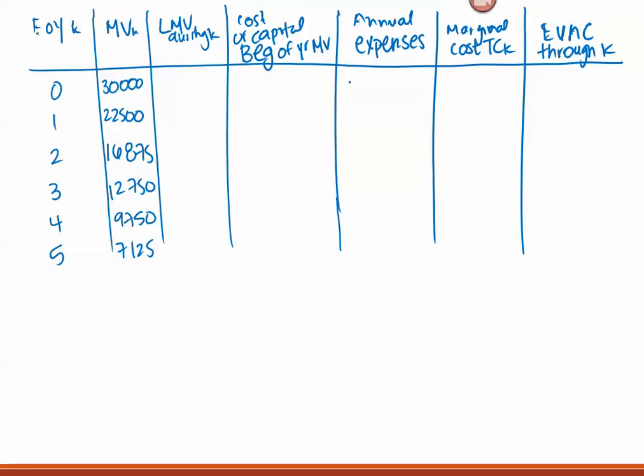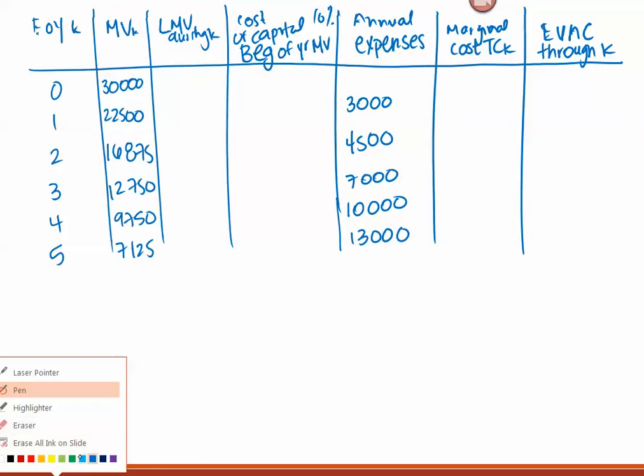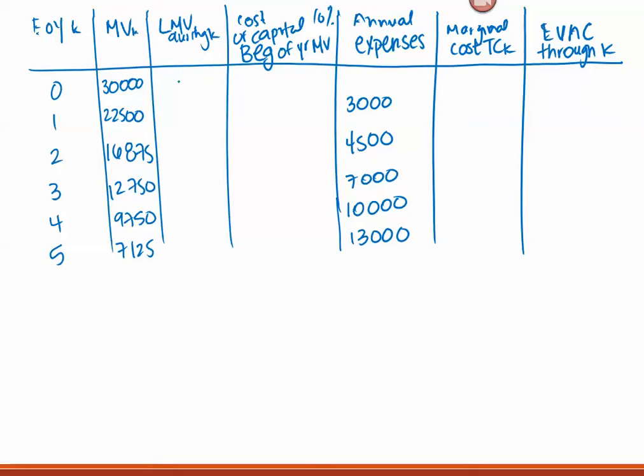I'm also given annual expenses of 3,000, 4,500, 7,000, 10,000, and 13,000. My capital cost is 10%, so that's my MAR. I'm filling this out first because that's information that I have. So I'm going to use a different color, that green, to do the parts that I need to fill out.